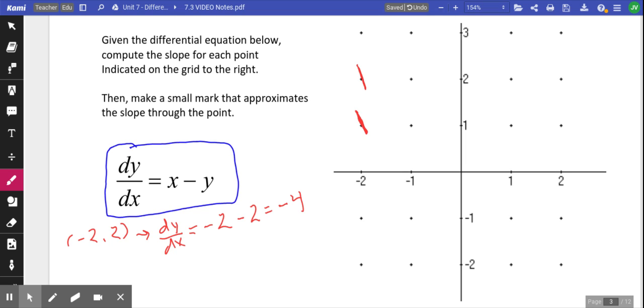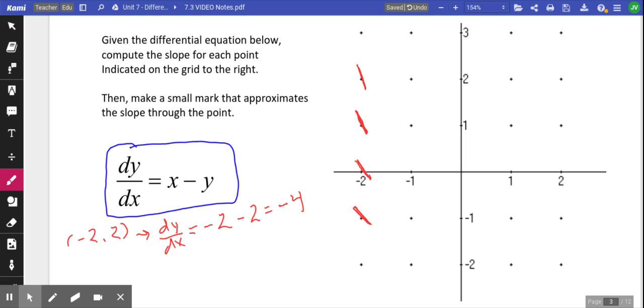If we move down to -2, 0, -2 minus 0 is -2, so a little less steep than the one before. And then if we go even further down to -2, -1, we'll have -2 minus -1, which actually happens to be -1. Once again, we're just substituting the x and the y from the point into the differential equation, which is highlighted in blue on the left-hand side.